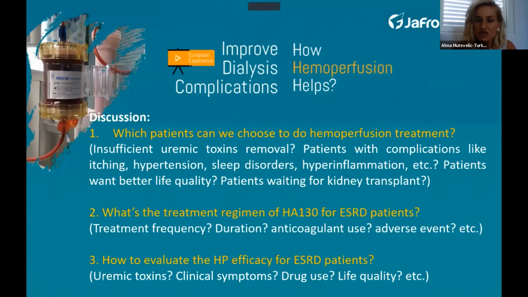On the first treatment of our patient, after 2.5 hours, we had clotting in the system, but I think it is due to the changing of the vascular access, and I have to say it didn't repeat anymore, and this patient received around 7 or 8 hemoperfusion treatments.